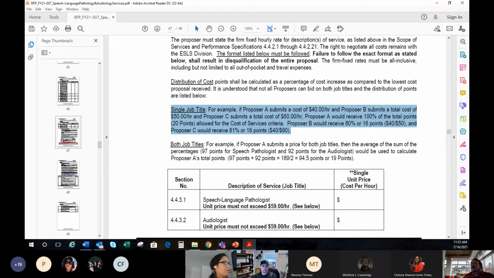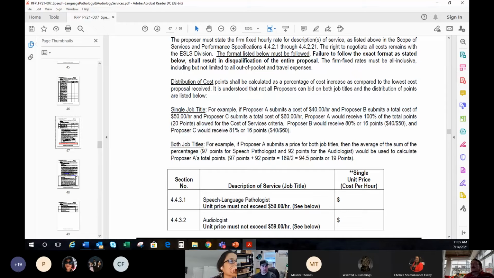So how 81% is done is dividing these two figures. You come up with 0.81 something, okay? So that turns into a percentage from that, and that's multiplied by the maximum point value of 20 points. That will provide you what the actual score should be, which is 16 points based on this division here.